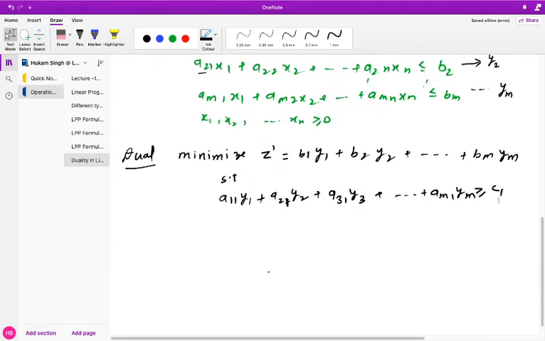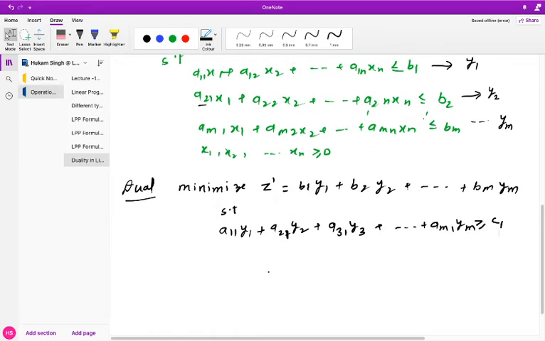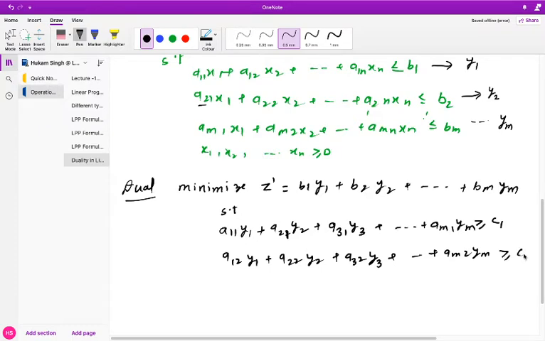The next constraint is going to be a12 y1 plus a22 y2 plus a32 y3 plus dot dot am2 ym greater than or equal to c2.